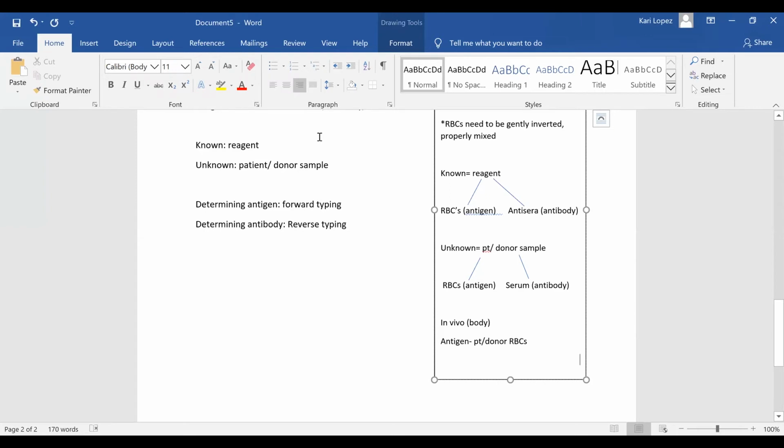And then for antibody, what is going to be your in vivo sample for antibody? It will be your patient or donor serum.